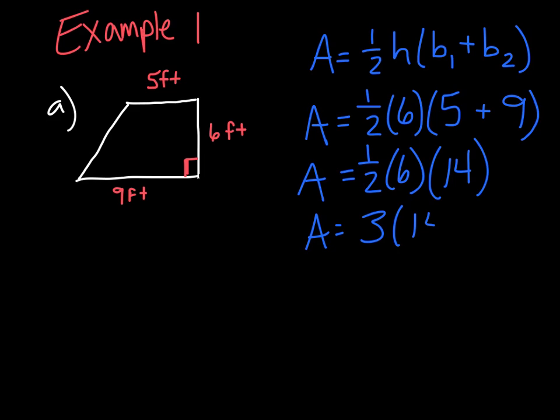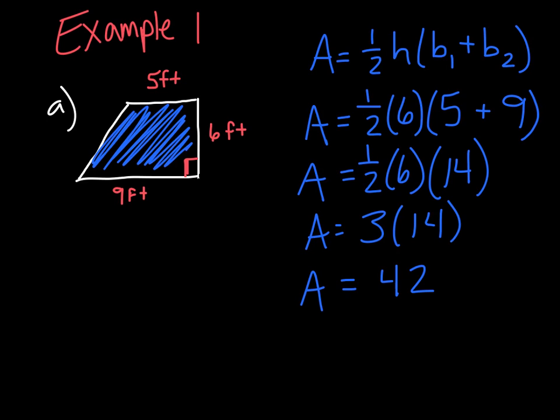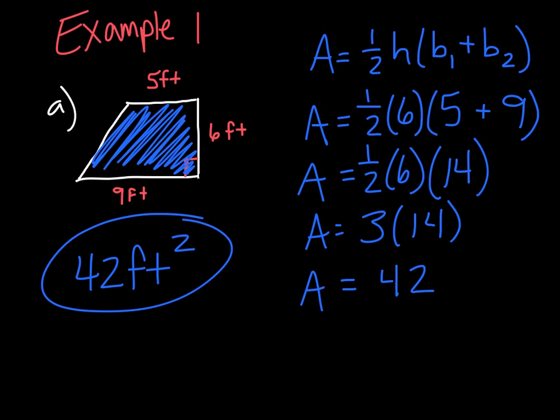So now we have 3 times 14, and my final A on this one, if you had to do side math, that's fine. 3 times 14 equals 42. So my answer to what is the area, which is all of this area here, what is the area of this trapezoid? It would be 42 feet squared. We're still talking about area.